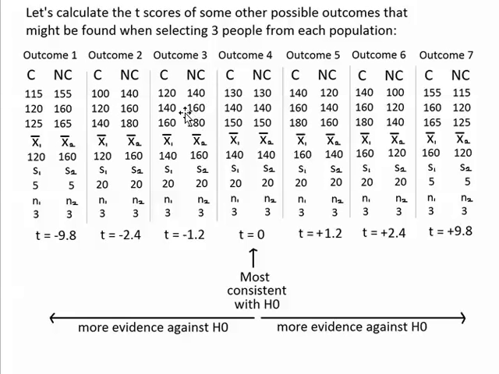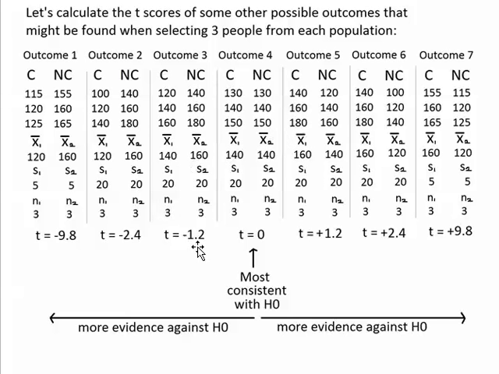If I get one of these outcomes further out here, I'm more convinced that H0 is false. If I get one of these outcomes out here, I'm also more convinced that H0 is false, because a bigger difference between the sample means is a more convincing outcome. So it's more convincing that the population means are not equal after all.